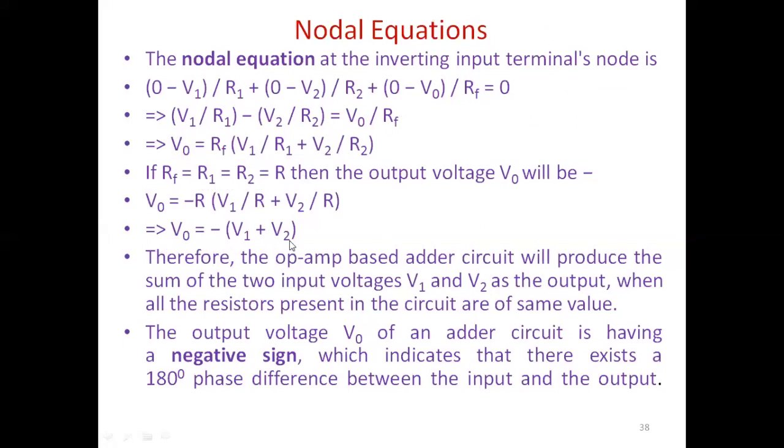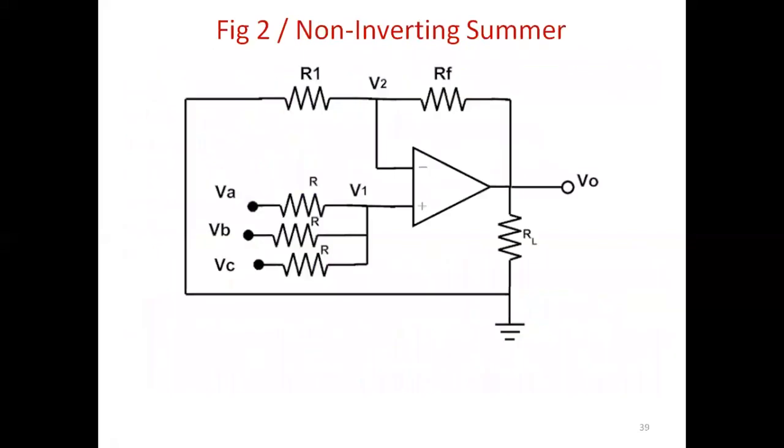So from this equation, we can note that the output voltage is equivalent to the sum of the input voltages given at the inverting terminal. This negative sign indicates we have a 180-degree phase shift between the output voltage and the input voltage. If you want to avoid the negative sign, this summing amplifier should be constructed in non-inverting configuration. You can see the diagram of the non-inverting summer or non-inverting adder.